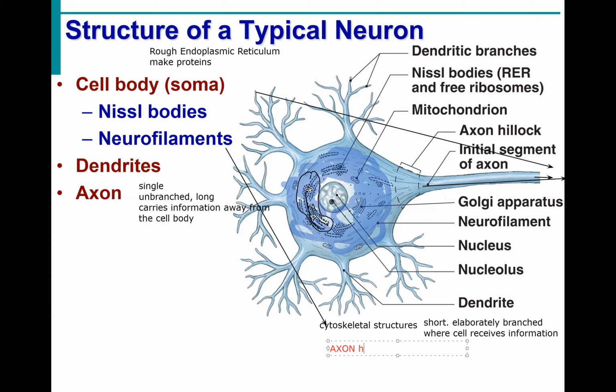Axon has a specialized plasma membrane, kind of like what we saw in skeletal muscle. As such, remember, our plasma membrane of our skeletal muscle had a name. We called it a sarcolemma. Well, the same thing is going to be true here. Our axon's plasma membrane is therefore called the axolemma.